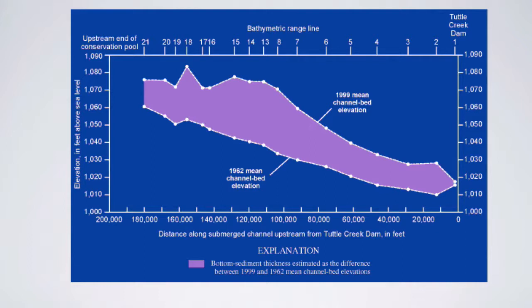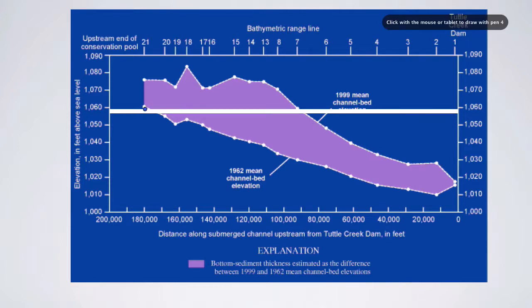And this is something that's really general, for example, in dams all across the world, is the storage of those sediments. Now, one of the problems with all this storage is that this is the top of the dam. And when that dam was built, essentially the top of the dam was equal to the top of the channel bed in 1962.